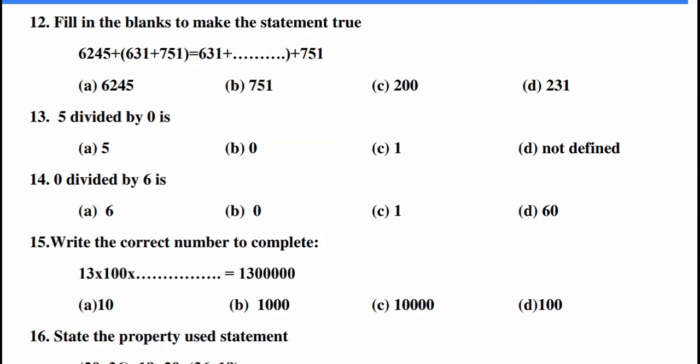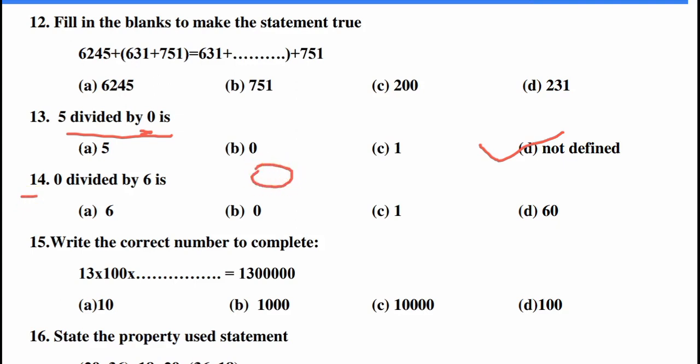Next question. 5 divided by 0 is. Can we divide any number by 0? No, it is not defined in mathematics. So answer is D, not defined. Question number 14. 0 divided by 6 is.